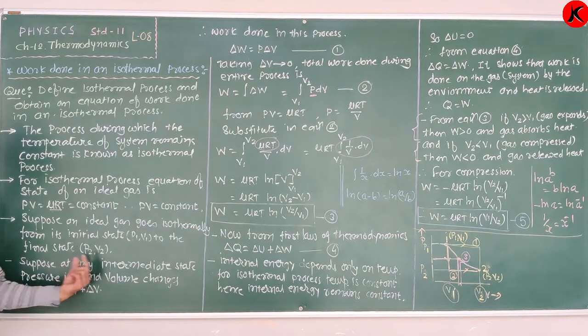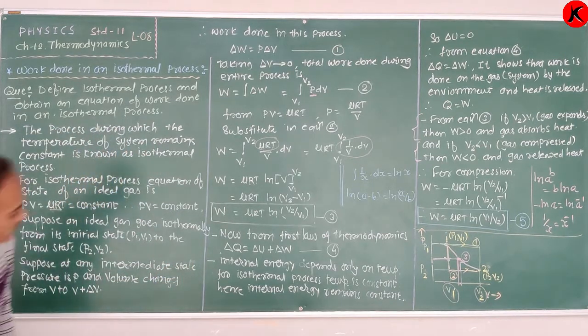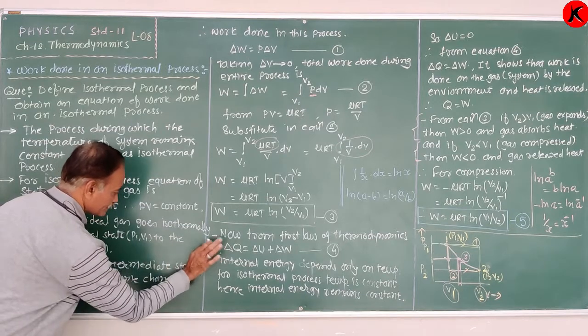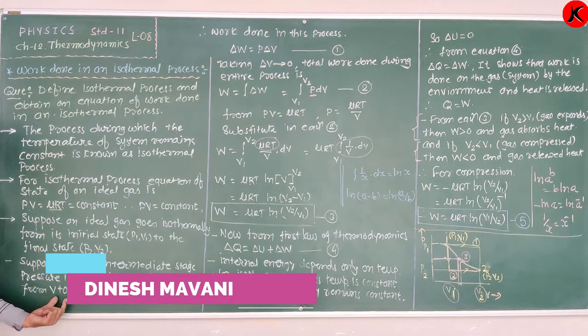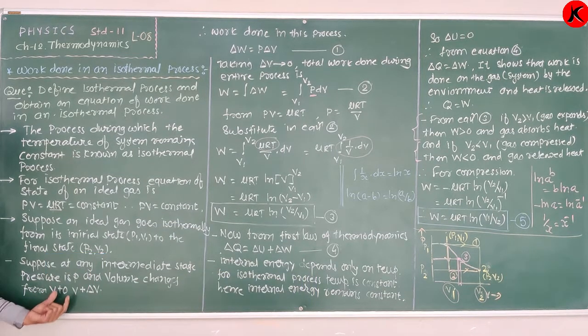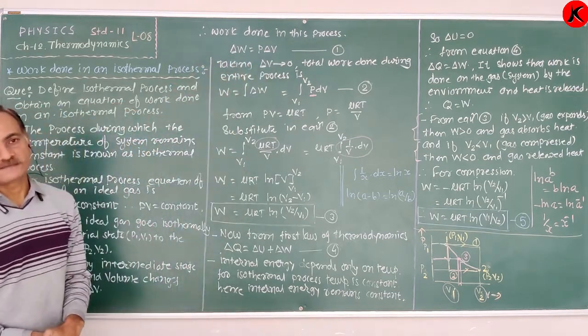Now, at any intermediate state or stage, the pressure is P and volume changes from V to V plus delta V. Therefore, the work done for this small change, delta W is equal to P delta V.